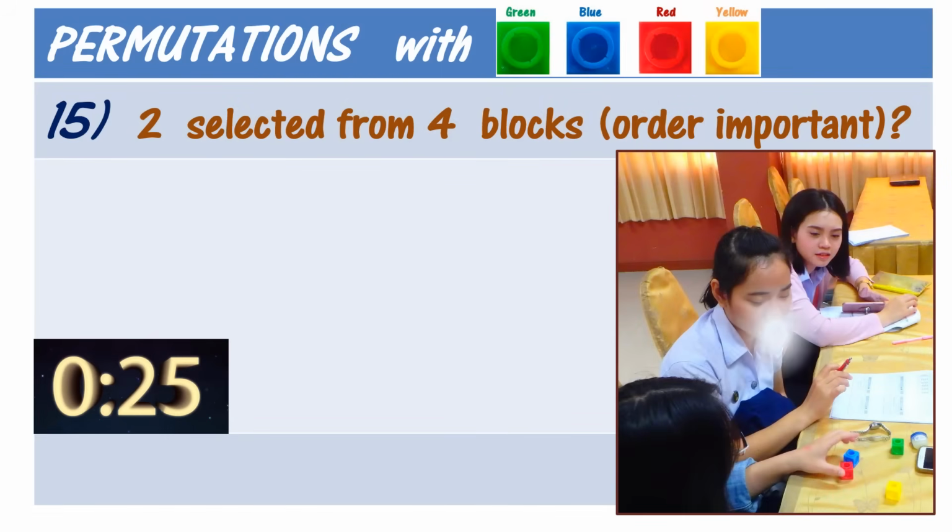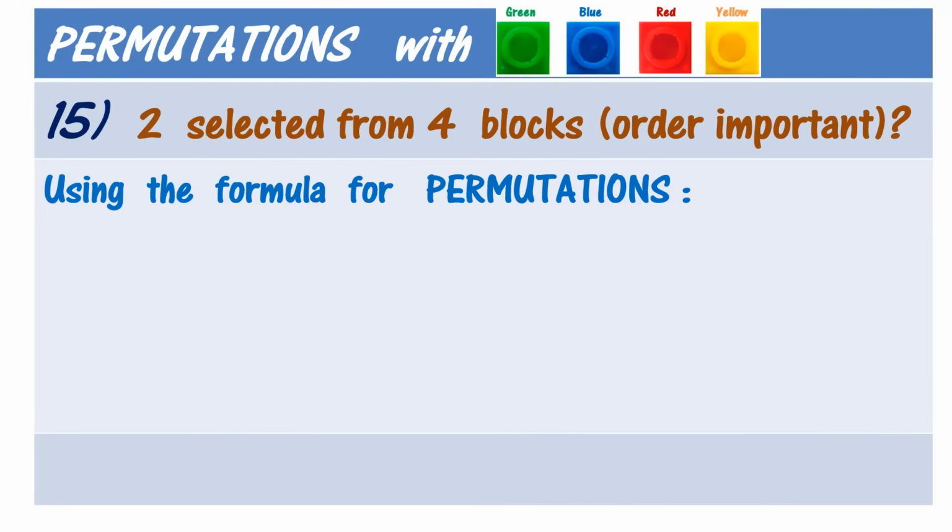We now move to making selections from the 4 blocks. So I want to select 2 from the 4 blocks, and order is important. In other words, 4p2. If I have 4p2, I can use the formula for permutations.